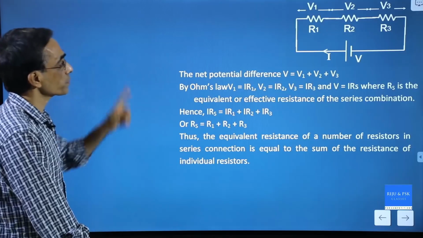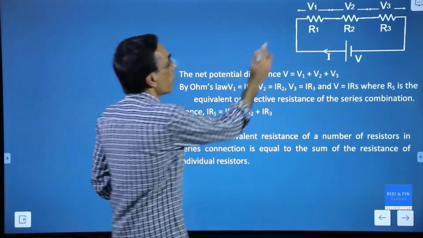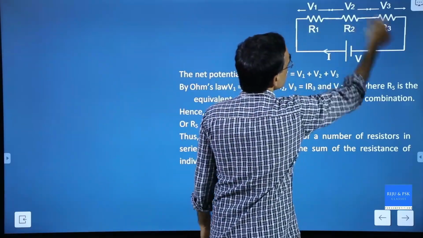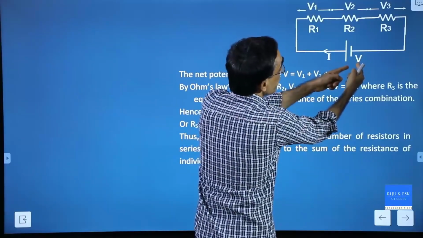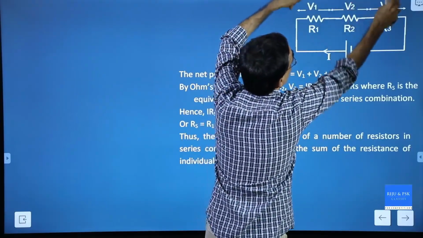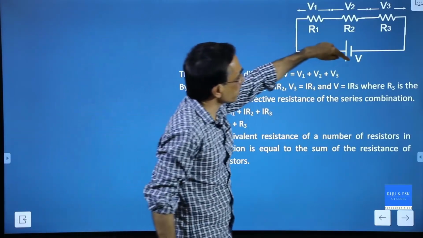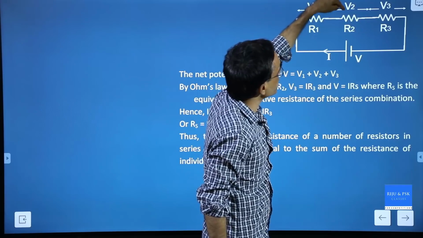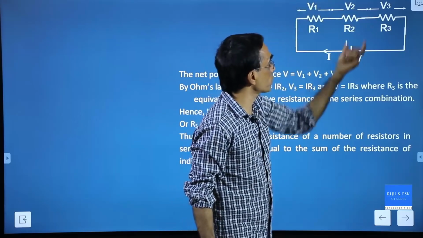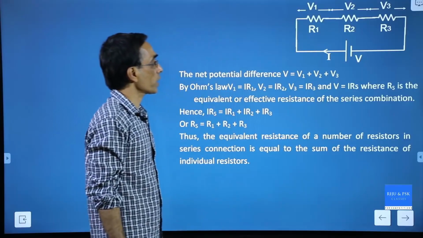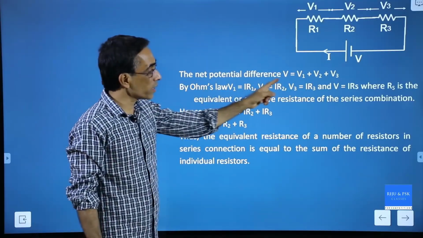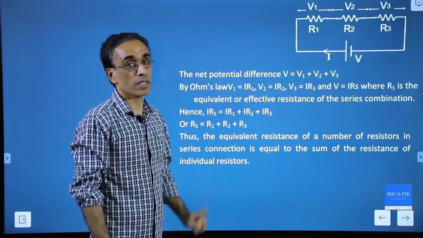See this. This is what is meant. R1, R2, R3 are in series. Applied voltage is V. This is V1, V2 and V3. Now the relation is simple. The total voltage V should be equal to V1 plus V2 plus V3.